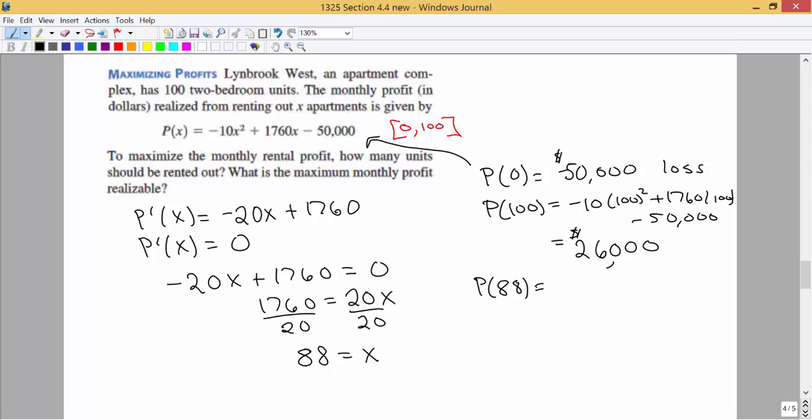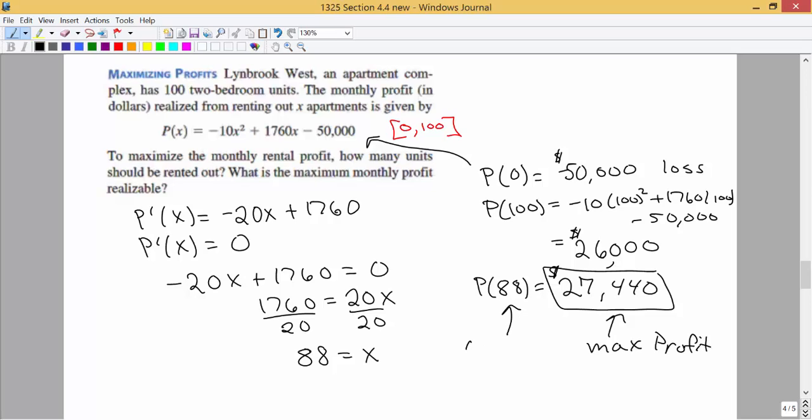We're going to put that also into the calculator as is. So in this case, we would end up making a profit of $27,440. So the maximum profit will be realized when 88 apartments are rented out.